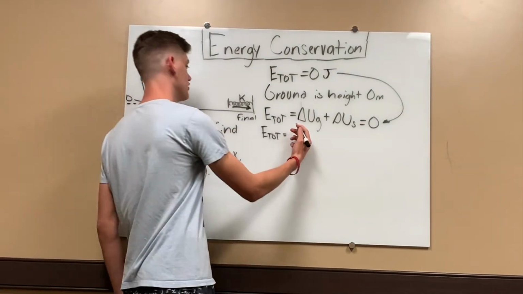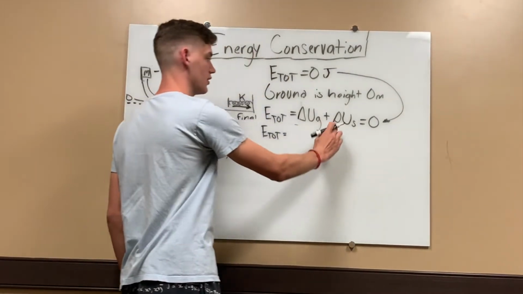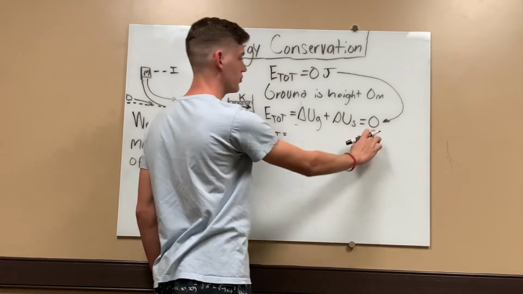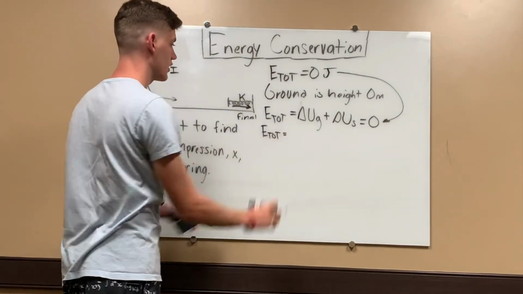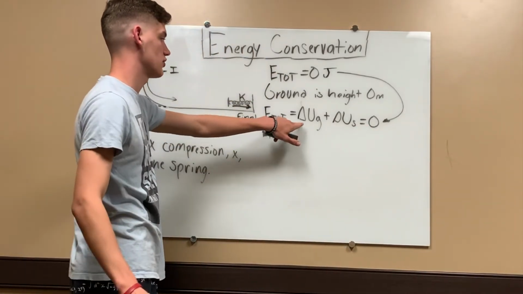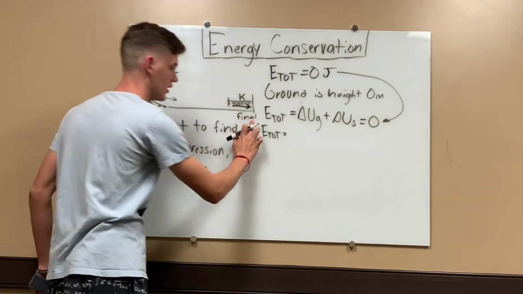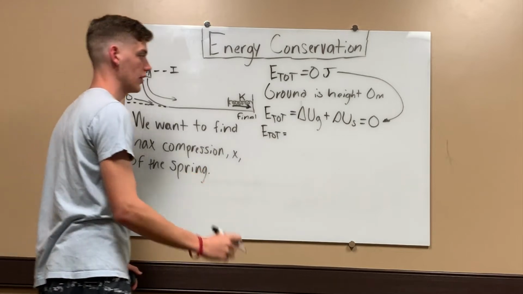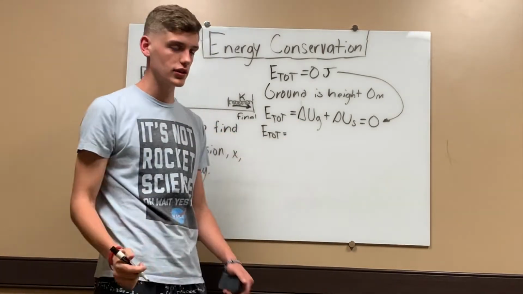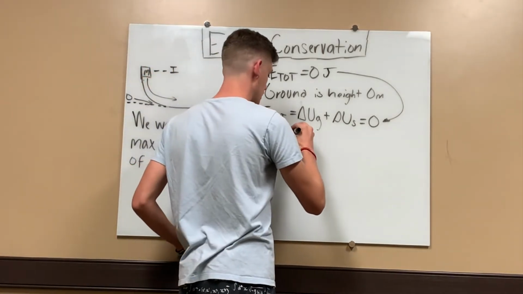So we have the change in potential energy due to gravity plus the change in potential energy of the spring equals 0. When we're looking at the potential energy of something, especially the change in it, we must look at the initial situation and the final situation. And we know that the potential energy of gravity is just mgh.